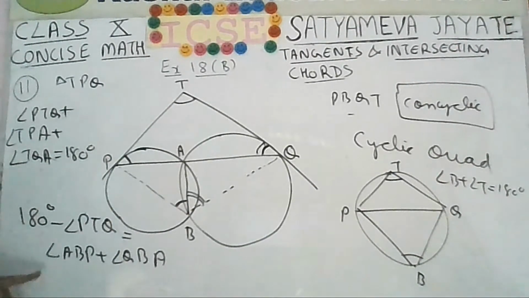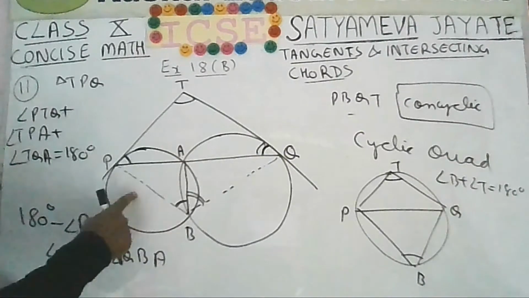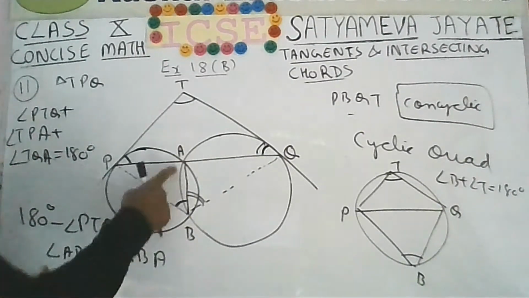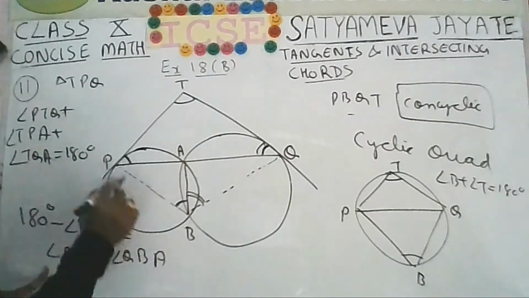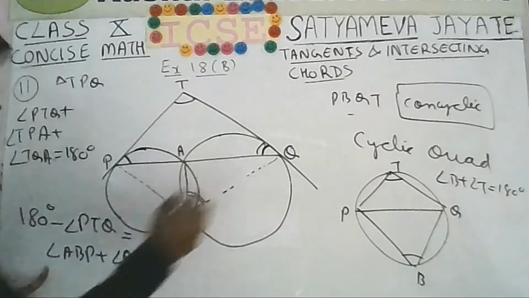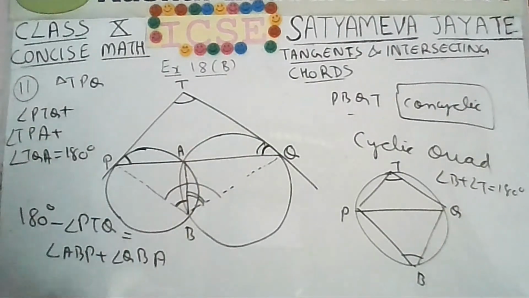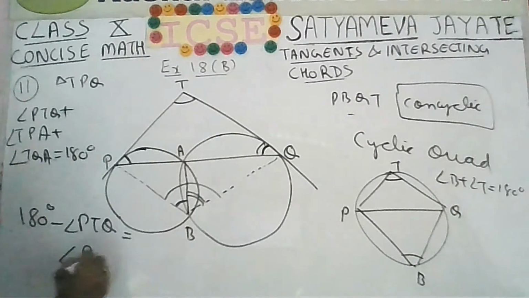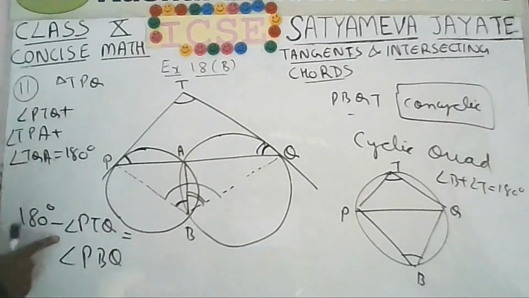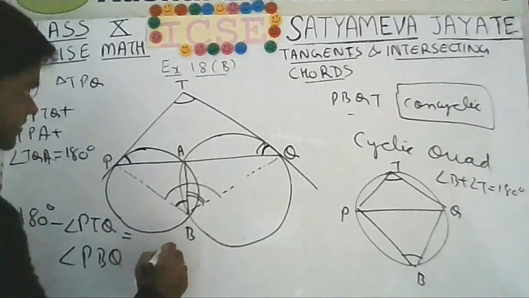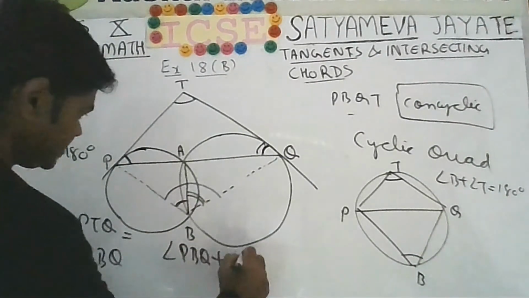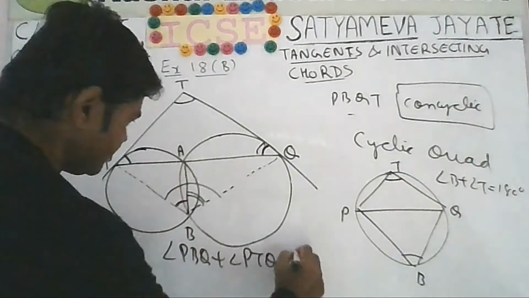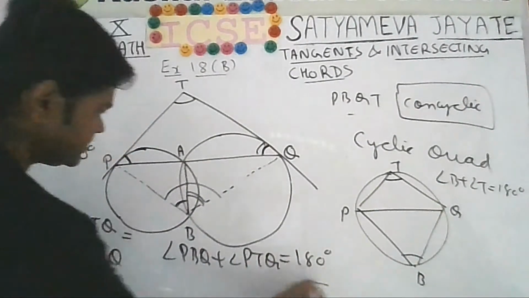What is ABP plus QBA? ABP plus QBA will be equal to angle PBQ, this whole angle. So instead of this, you can write here angle PBQ. If you transfer PTQ from left to right, you will get angle PBQ plus angle PTQ equal to 180 degrees.